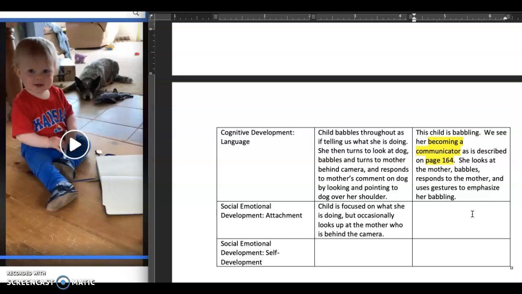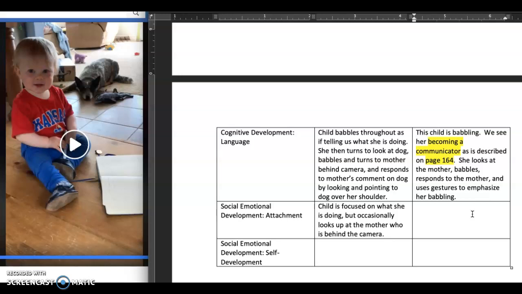We see her becoming a communicator, which is the heading of one of the sections on 164. She looks at the mother, babbles, responds to the mother, and uses gestures to emphasize her babbling. So I tell you where she is in her development based on the textbook, and I explain why that is an accurate analysis.